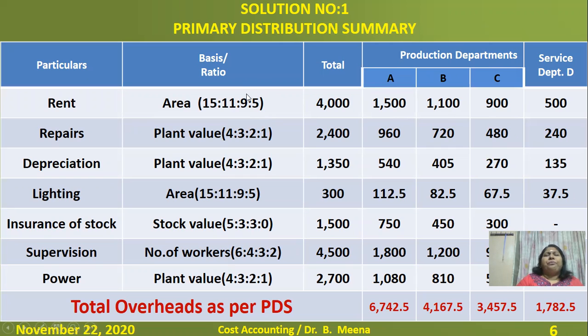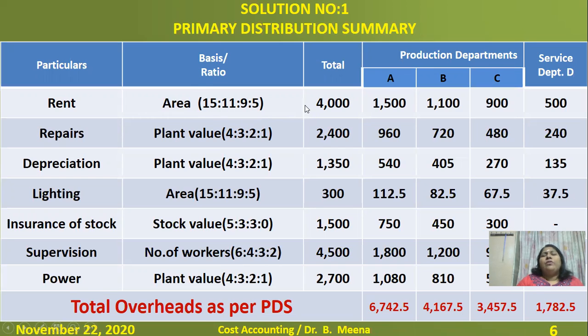Are you clear? So the ratio for apportioning the entire 4,000 to A, B, C, and D is 15 is to 11 is to 9 is to 5. 4,000 into 15 by 40. How did you get 40? 15 plus 11 plus 9 plus 5.